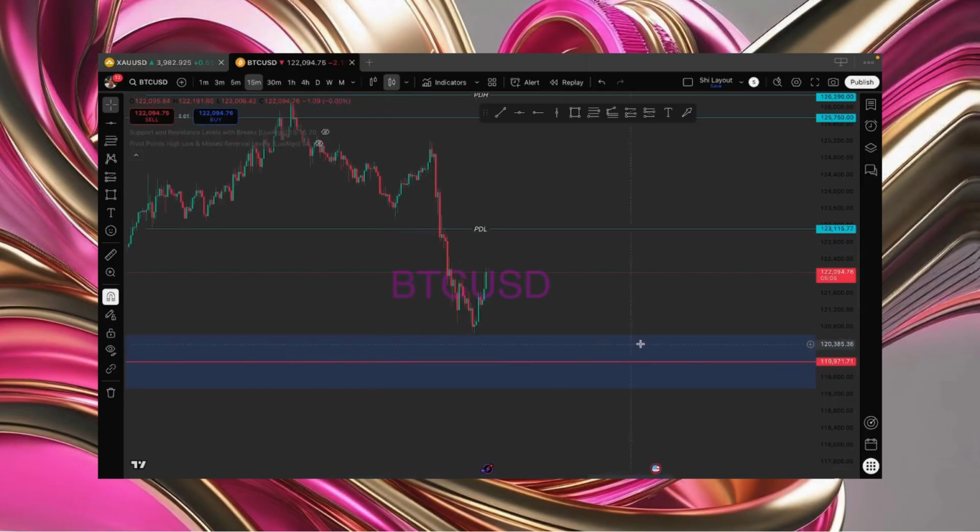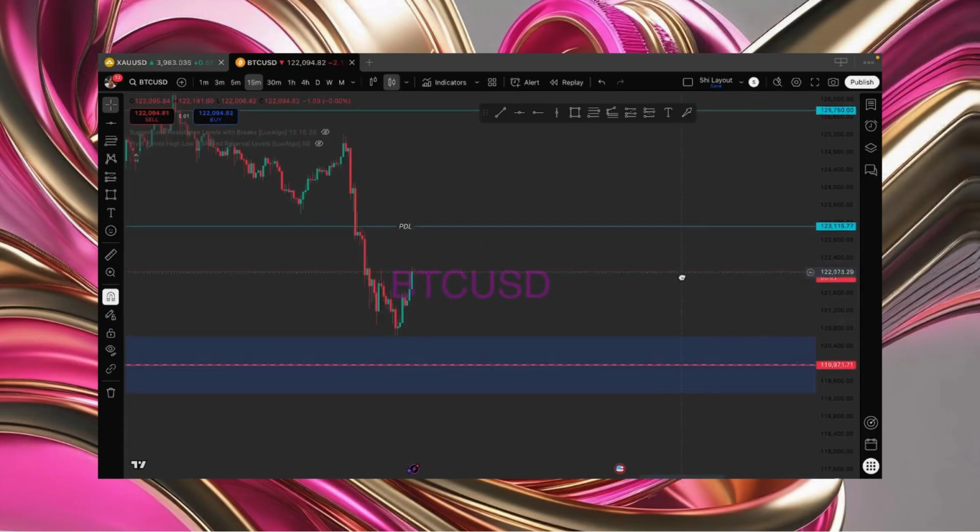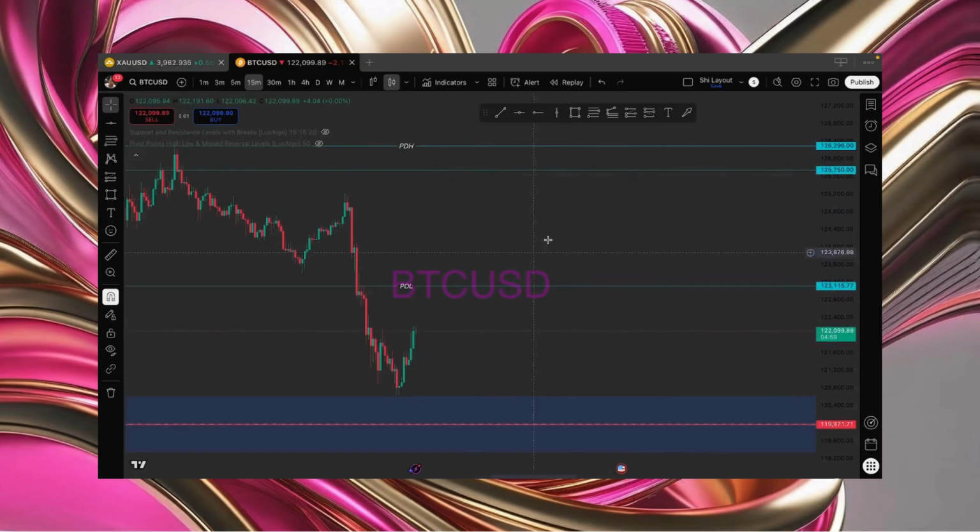So for me, what I like to do is keep my chart markups here because I've noticed that price travels back to it. So more than likely price is going to travel somewhere in this area, sweep down and come back up for a return of an all-time high.